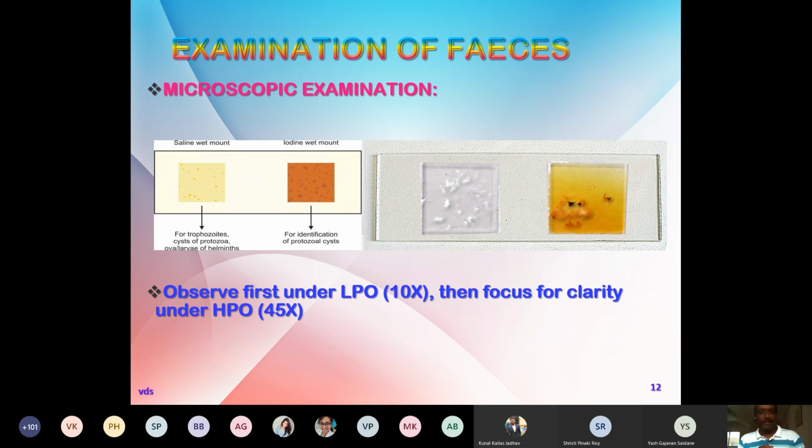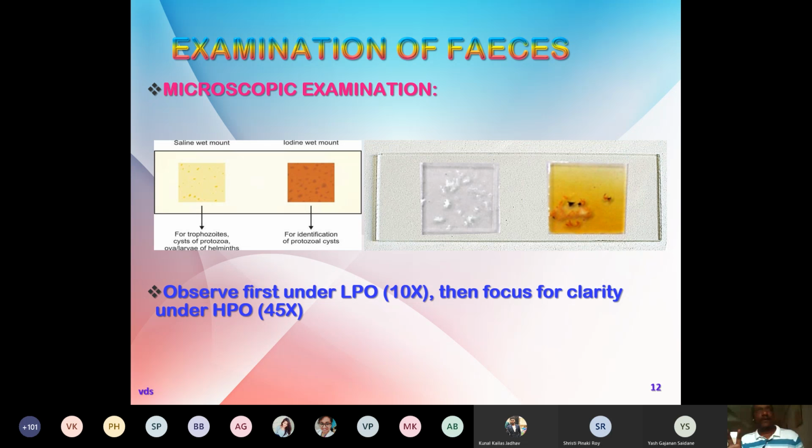Okay? So, while observing under the low power, firstly focus a spherical or oval object, because all the cysts are either spherical or oval in shape. At the same time, the eggs are either oval or spherical.